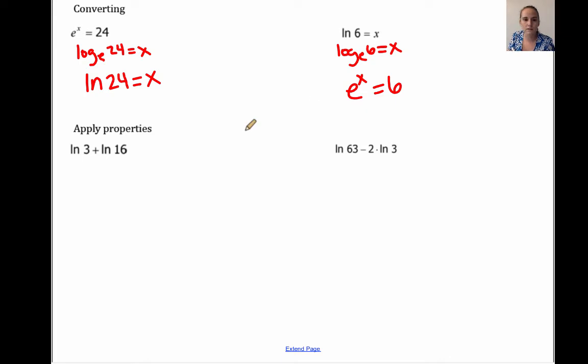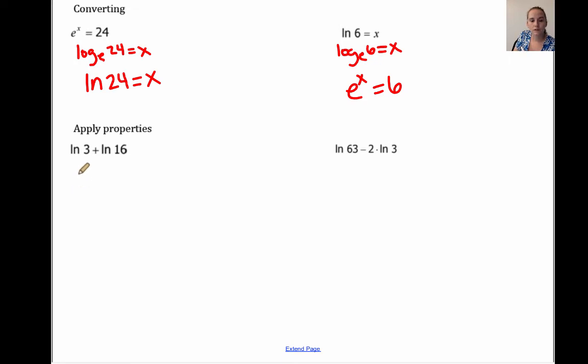Same thing that we did in the last class, you just need to remember that ln is a log with a base of e. The properties, you apply them the same way. So we're adding here, and these two are both natural logs because they both have a base of e, and so we multiply the values here.